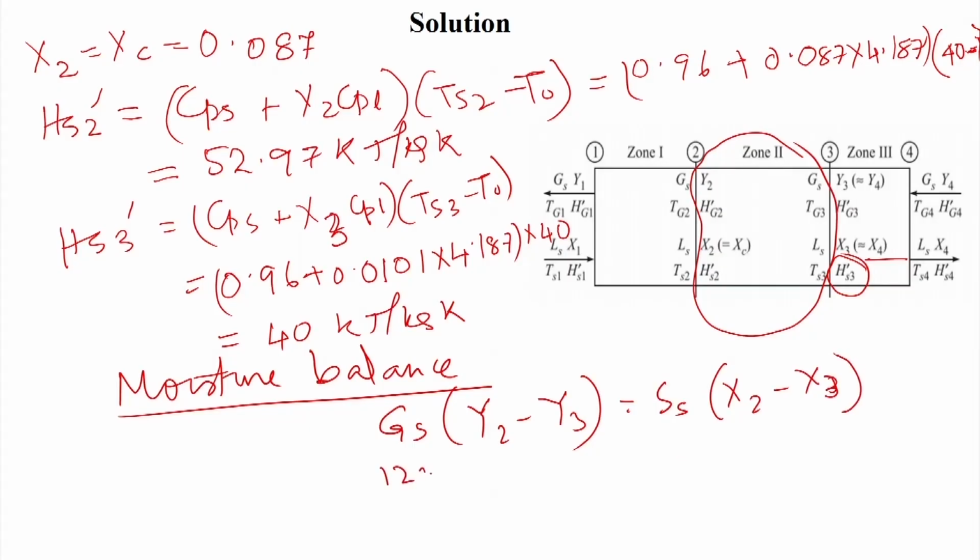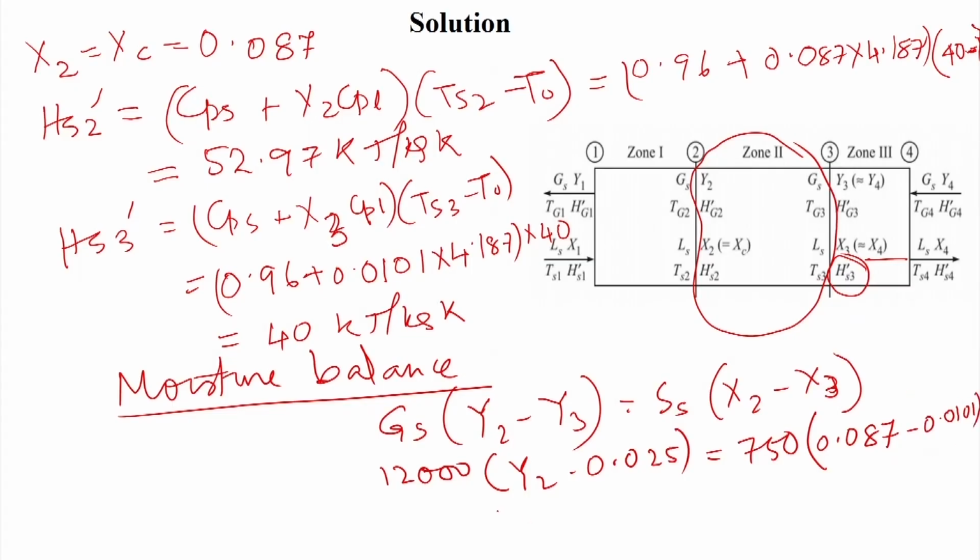So, this is 12,000 into Y2 minus 0.025, that is Y3 we have, is equal to 750 into x2 we have 0.087 and x3, that is x4, both are same 0.0101. So, from here we will be getting Y2, that is equal to 0.0298 kilojoule per kg dry air.